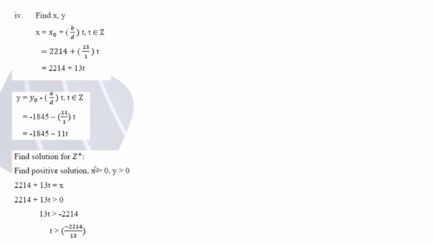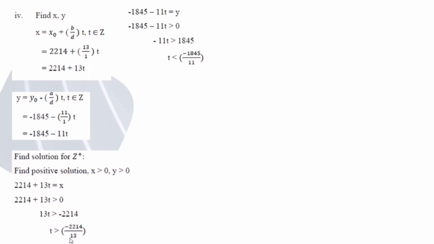So when we substitute, 2214 plus 13t greater than 0, and when we solve this, we will get 13t greater than negative 2214. So when we solve this, make t the subject, we will get t greater than negative 2214 over 13.